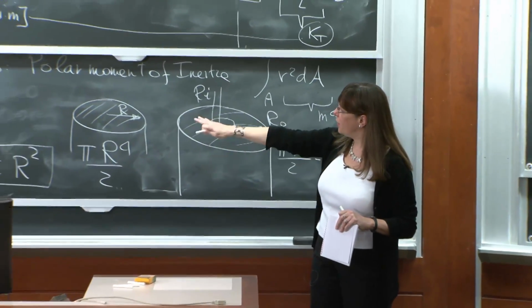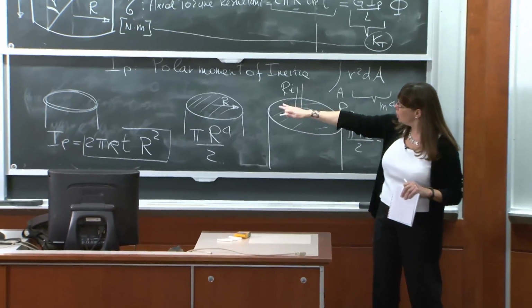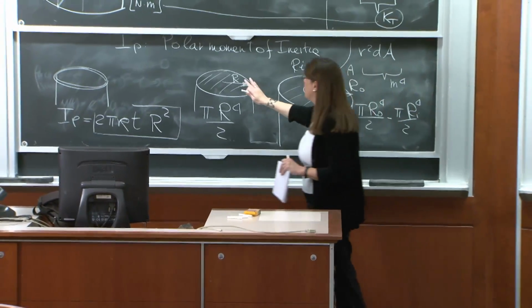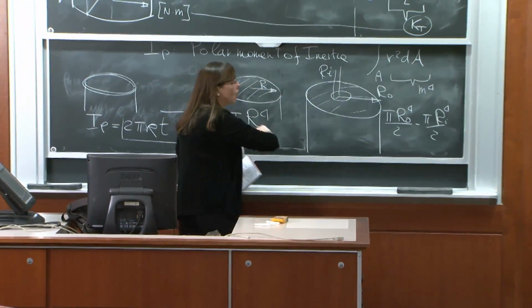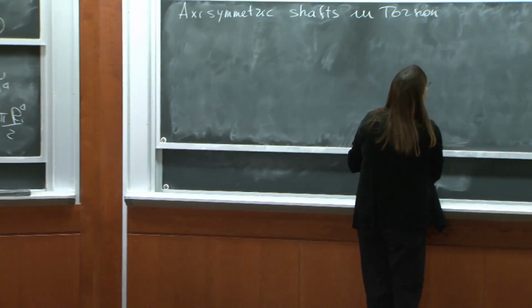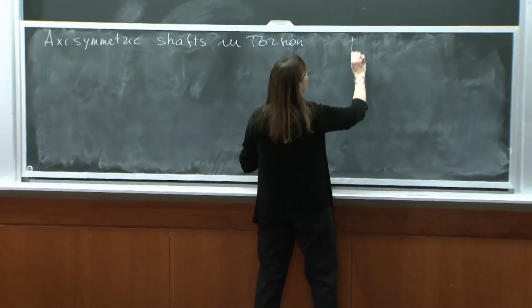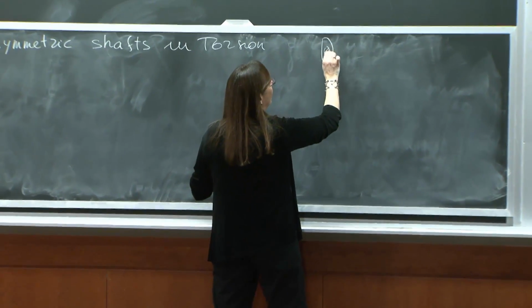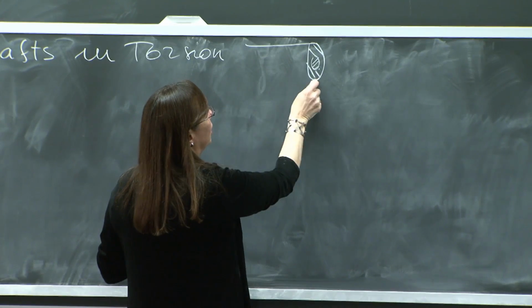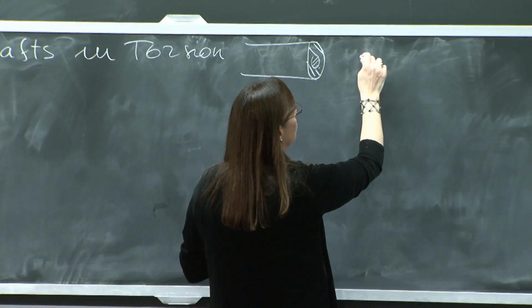Thin wall, thick wall, like this, solid. And you can have solid made of more than one material. So the one I drew here is a solid shaft, but I can have cases in which I may have a core. So I may have something that looks like that. I may have a core of one material and a shell around it of a different material. This is okay, I can do that.